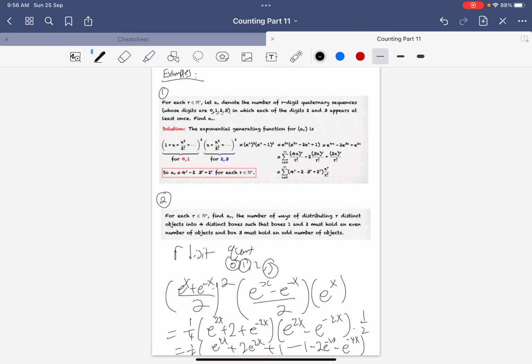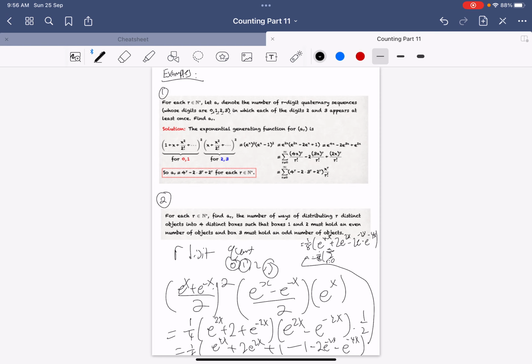And so if you simplify this expression, it will be 1/8 bracket e to the power 4x plus 2e^2x minus 2e^minus 2x minus e to the power minus 4x. And then we just use the power series formula.